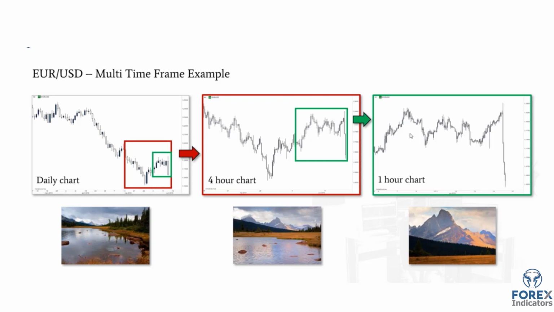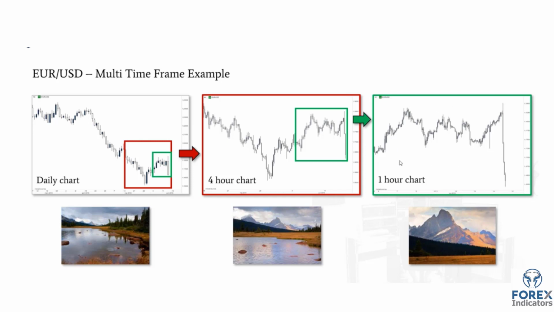So each candle here on the right side is 1 hour of price action. And as you can see, this reveals even more detail than the 4-hour chart. Similar to the third picture we showed you where we zoomed in completely on the mountain, this would correspond with the 1-hour chart.